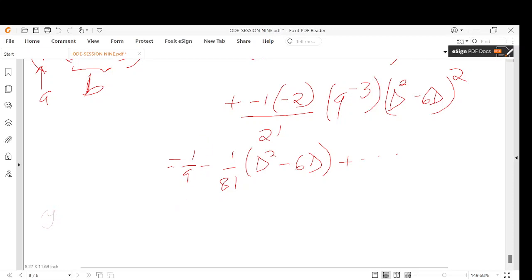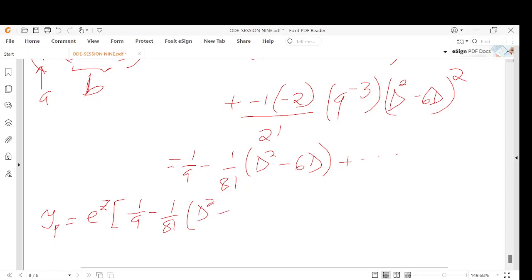So when we write yp is equal to e raised to power z, then we shall have this 1 over 9 minus 1 over 81, then we have d squared minus 6d, and so on. This one operates on z.